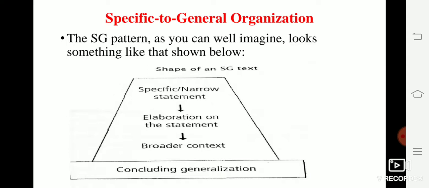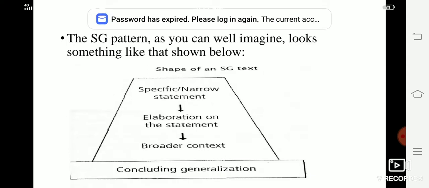It's like an upside down glass, everyone. If you turn it over the opposite way, it will become the GS. This is SG, but if you turn it over, it becomes GS.